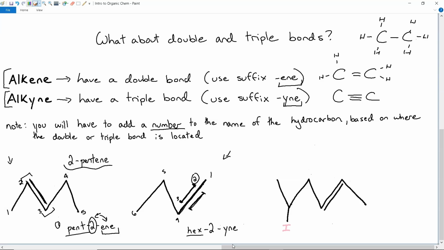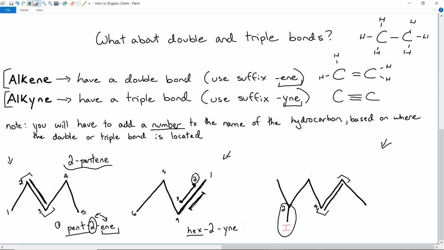All right, one more example. In this case, we have an iodine branch, and we also have a double bond. If I count my main carbons from left to right, this would be on my second carbon, and my double bond would start on my fourth carbon.